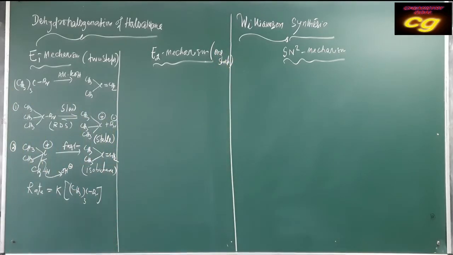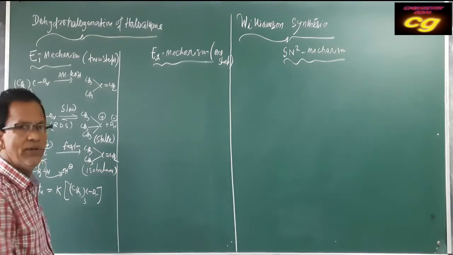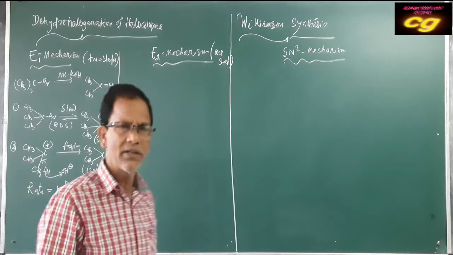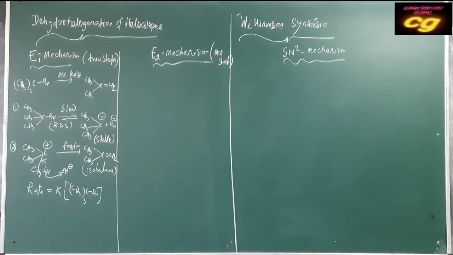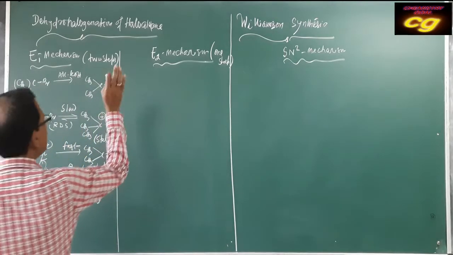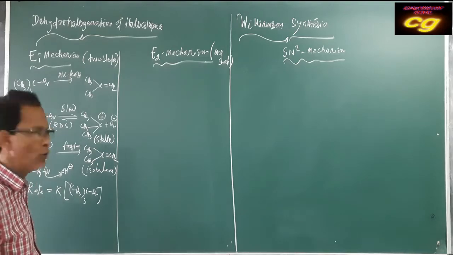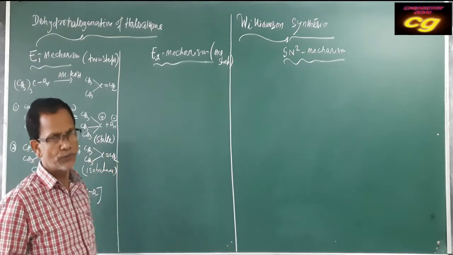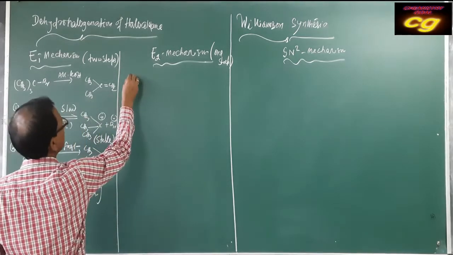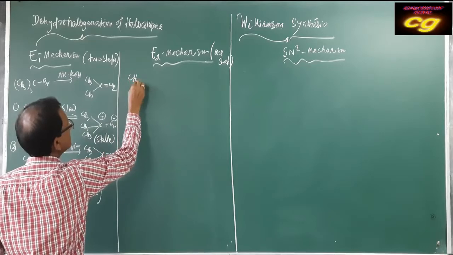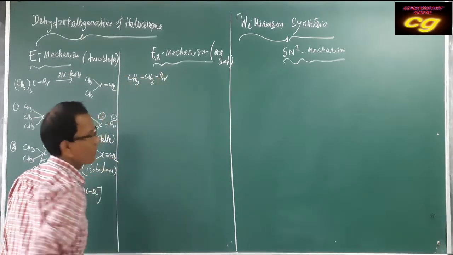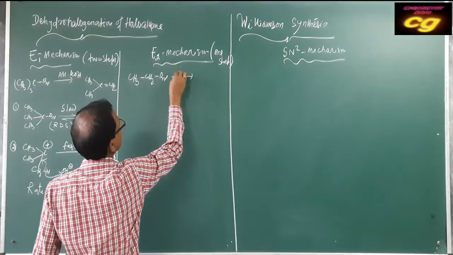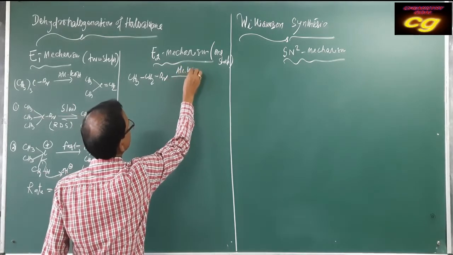Attacking of the base and releasing of the leaving group take place at the same time, simultaneously. So let us take an example here. Mainly a primary, less bulky group will take part. Let it be CH3CH2Br in presence of alcoholic KOH.